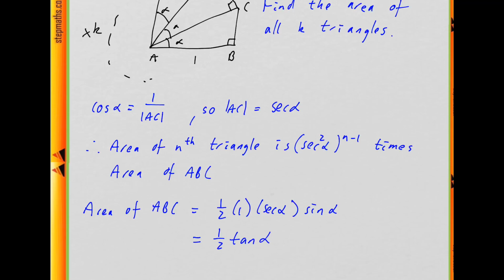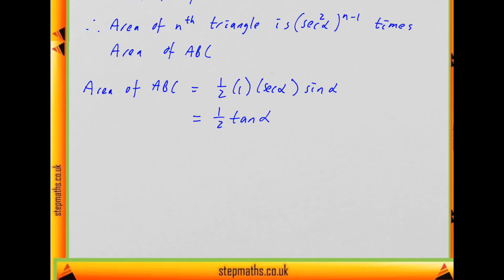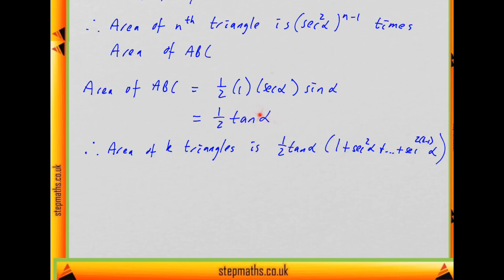And that means, what's the area of the K triangles? Well, we have a half tan alpha for the first one, and then for the first we've got 1, and then we multiply by sec squared each time, so 1 plus sec squared etc. all the way up to sec to the 2 times K minus 1. And what does this come to?